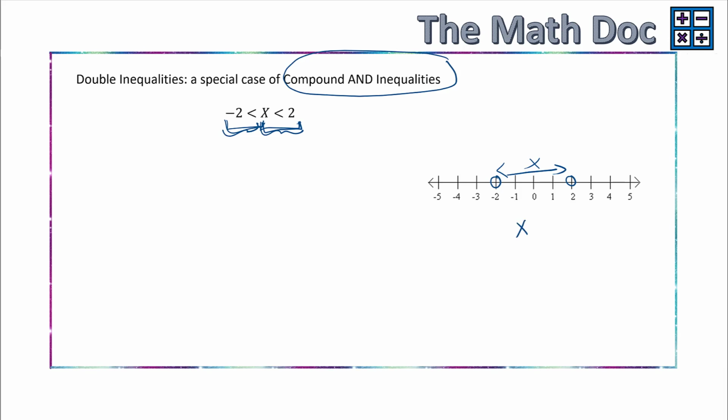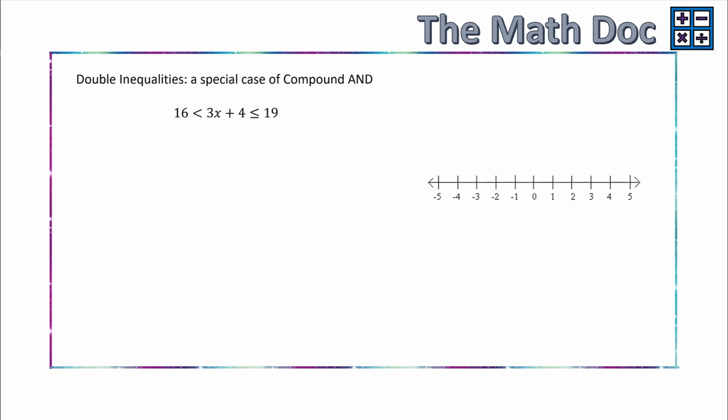So x is somewhere in the interval between -2 and 2, and we do not include the boundaries in this case because we don't have a less or equal to, but just a less than. This example is really very simple, but we're going to move on to a couple of slightly more complicated examples so that you can get a good feel for what this actually ends up meaning.